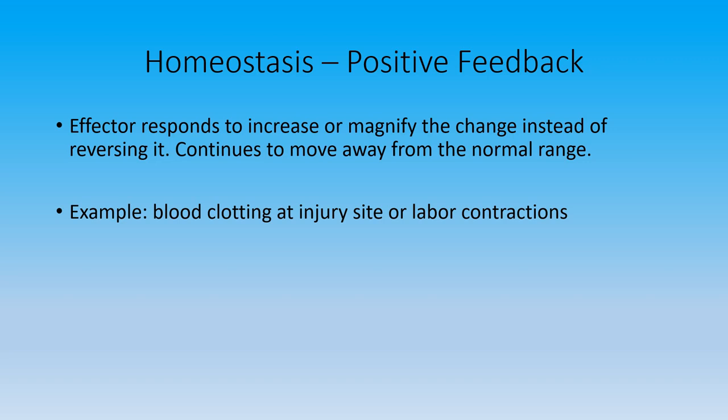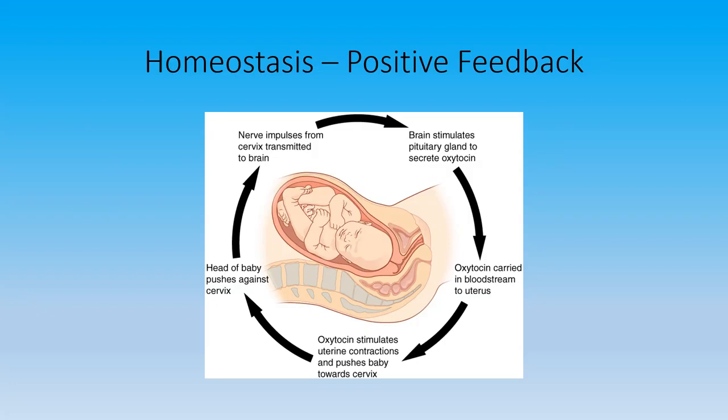In a similar fashion, with labor contractions, what happens is the baby pushes with its head against the cervix. That is going to send certain nerve impulses to the brain, which stimulates the release of a hormone called oxytocin. Oxytocin is secreted, it's in the bloodstream, and now what does it do?